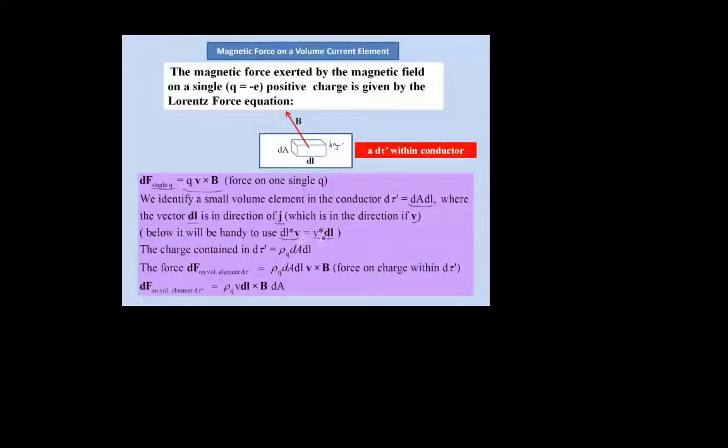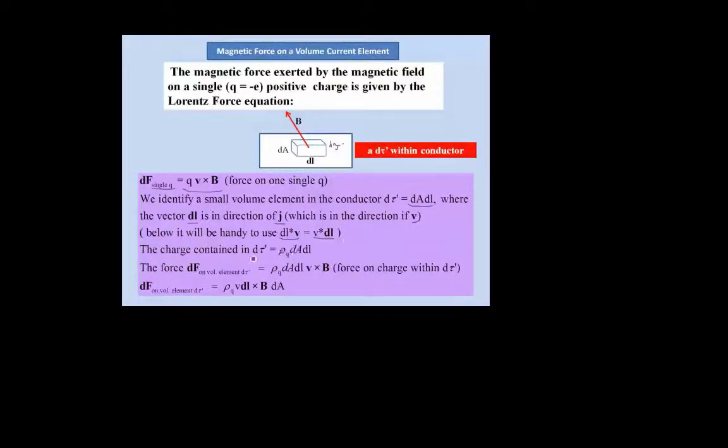Because V and dl are in the same direction, we can either use the vector part of V or the vector part of dl, and we'll get the same answer. So what I've done here is the scalar dl, the length of the vector dl, times the vector V is equal to the scalar V, the magnitude of V, times the vector dl.